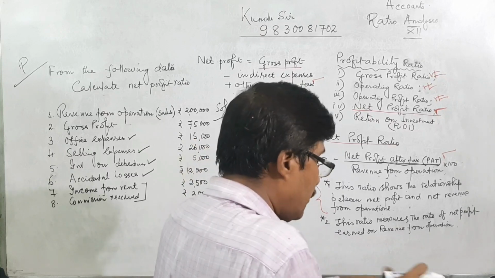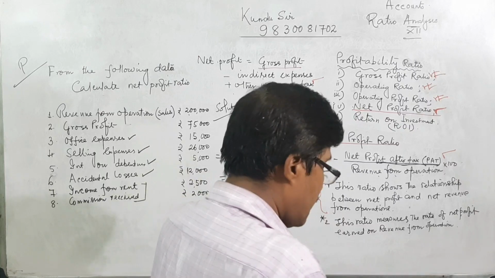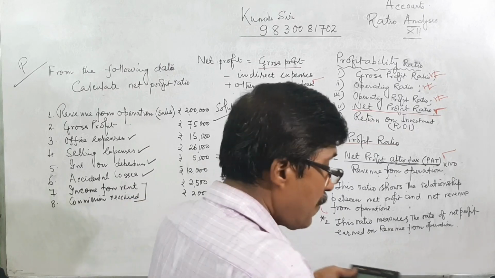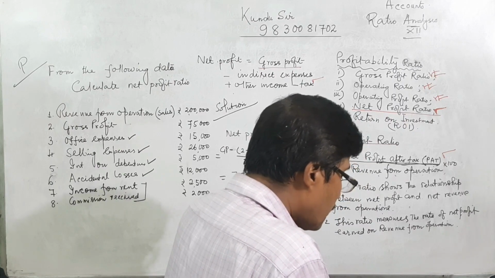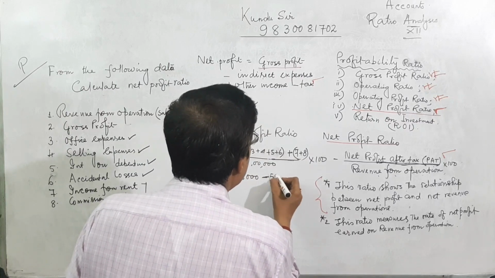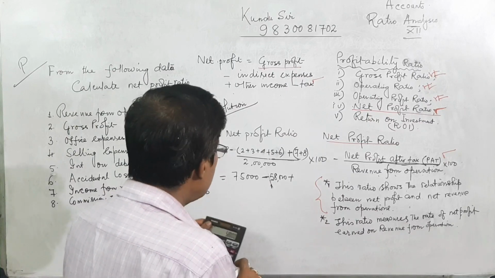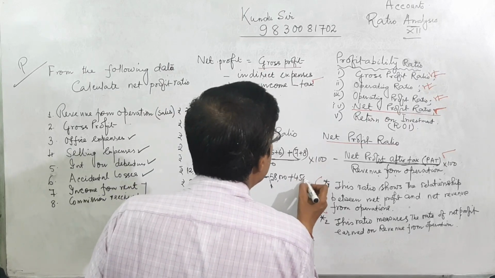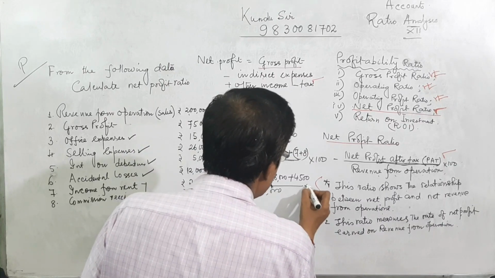First we get 15,000, after that 26,000, thereafter 5,000, plus 12,000, that is the indirect expenses equal to 58,000, plus other income 2,000 plus 2,500, that is 4,500, divided by 2 lakh into 100.